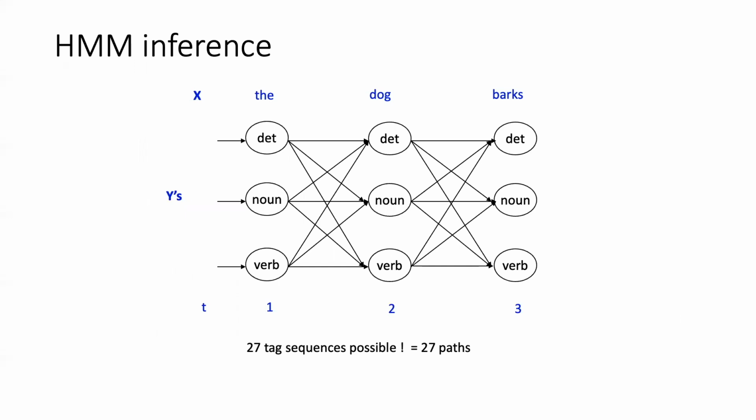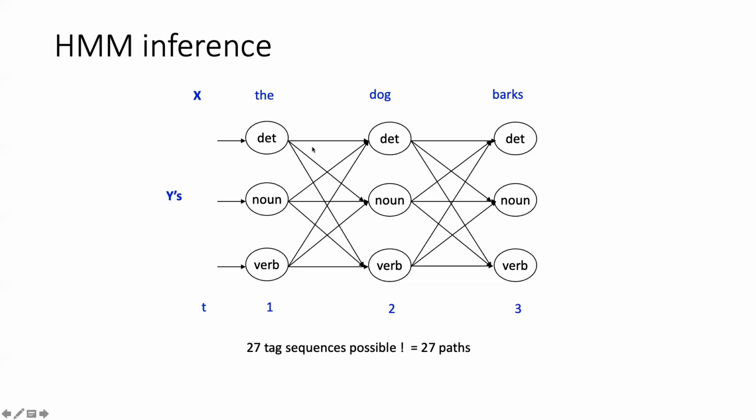Let's understand the inference problem using the POS sequential learning problem and consider the example, the dog barks. Given this sequence, we have to find the underlying hidden state sequence which generated it. This is the trellis diagram of HMM where the states are indicated here, and going from left to right indicates the positions 1, 2, and 3 of the sequence.